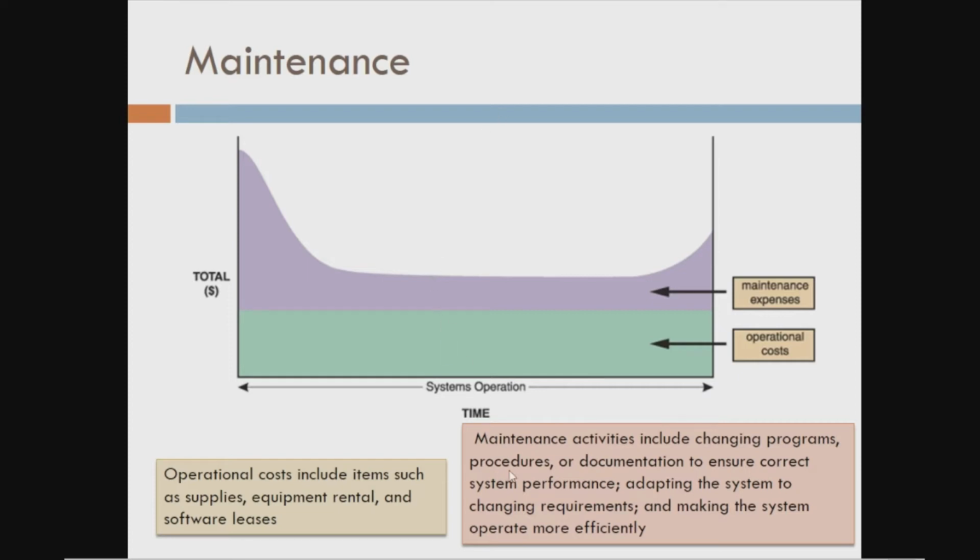So this refers to the maintenance activities. This one is the operational cost, and this one is the activities that we need for the maintenance part.